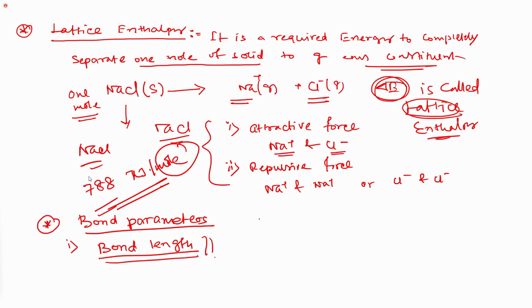Let us consider this is atom A and this is atom B. Atom A and atom B are connected by a bond and form an AB molecule. Only two atoms are there, and between A and B there is a bond. Now the question is, what is the bond length? This length is called the bond length.